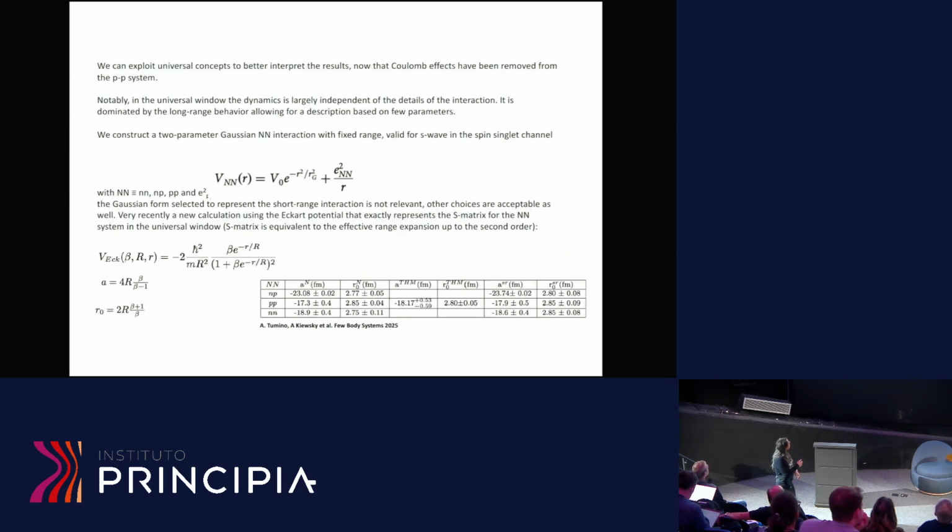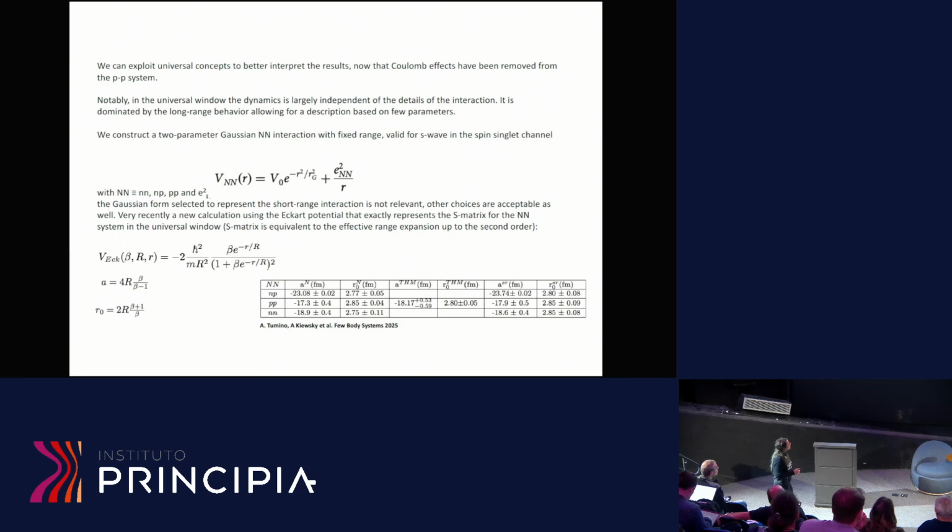Okay, since my time is over, anyway, we got the assistance of Alejandro Kiewski and this group from Pisa in order to assess these numbers theoretically, trying to understand in terms of universality what this means, and they could develop a very simple model.